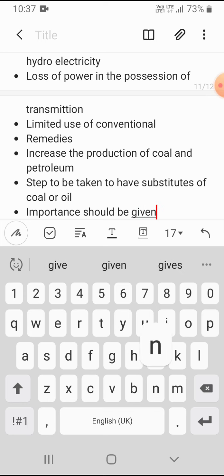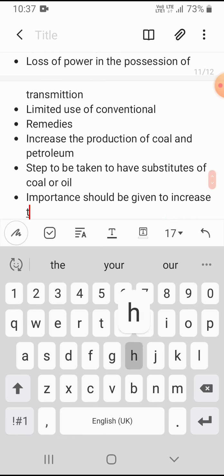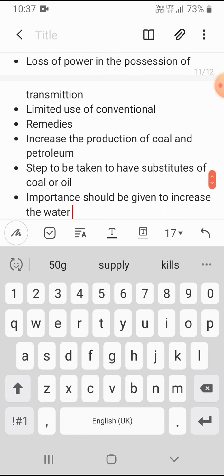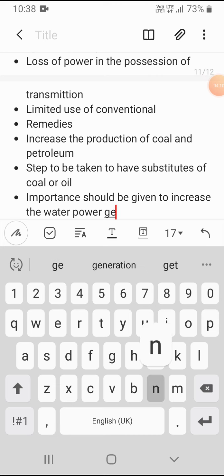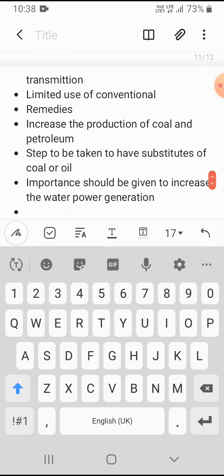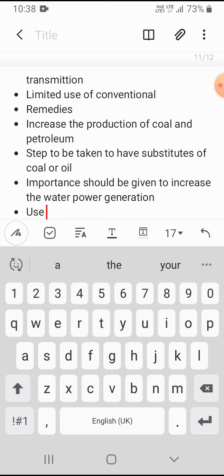Importance should be given to water power generation, and we should use non-conventional resources more, like solar energy, hydroelectric stations and wind energy.